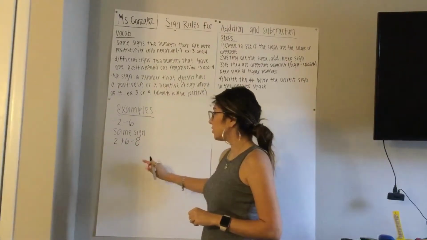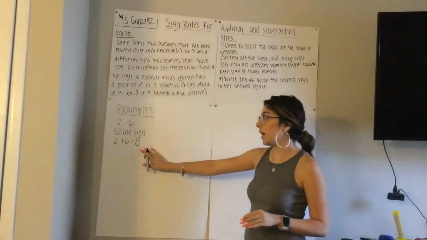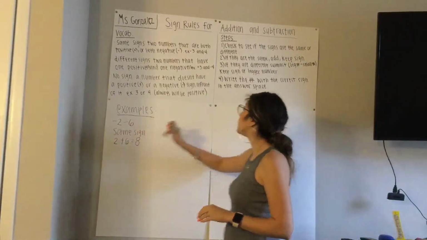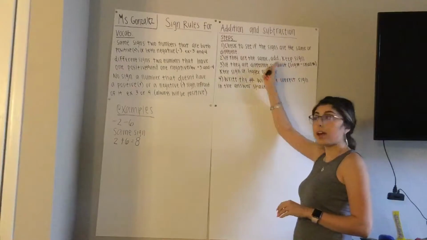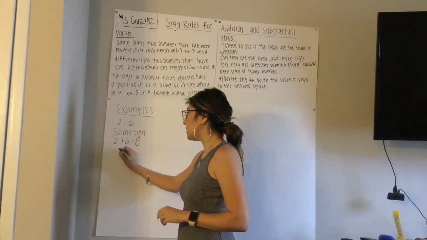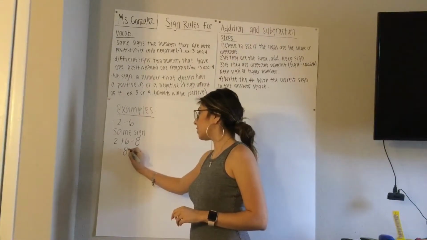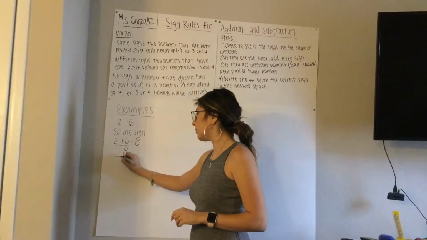All right, so our answer is 8. What are we missing here? That's right, we have to keep the sign, because it says here, add and keep the sign. It's going to be a negative number, so our answer is going to be negative 8. Let's go ahead and put a box around that.